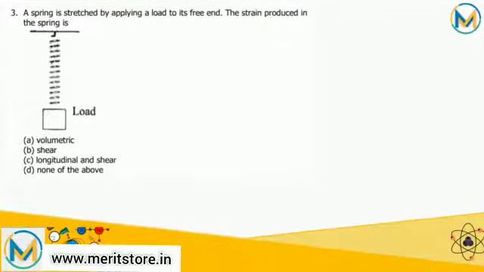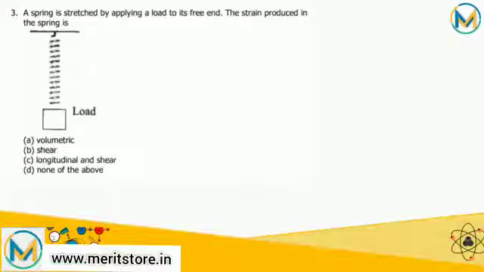A spring is stretched by applying a load to its free end. The strain produced in the spring is? So according to the diagram, a spring is suspended from a fixed rigid support, and a load is attached to the lower end of the spring. So it is stretched by applying a load to its free end.